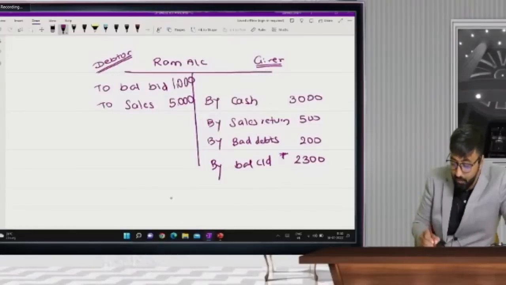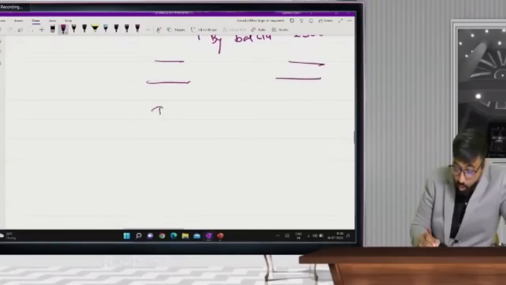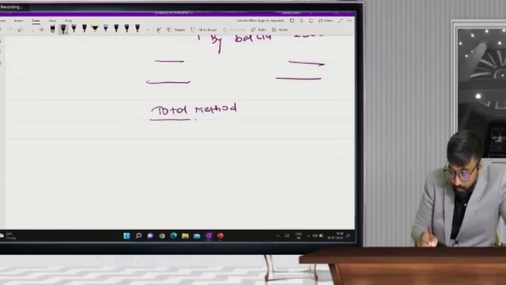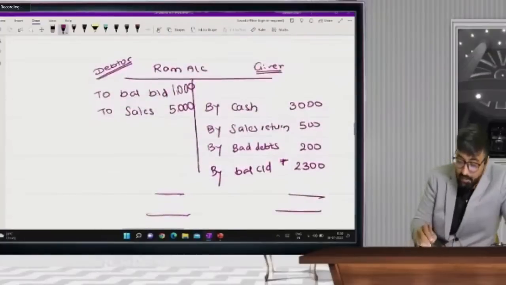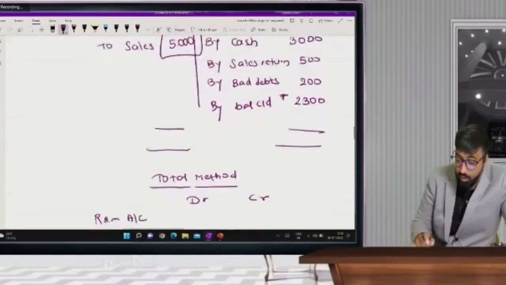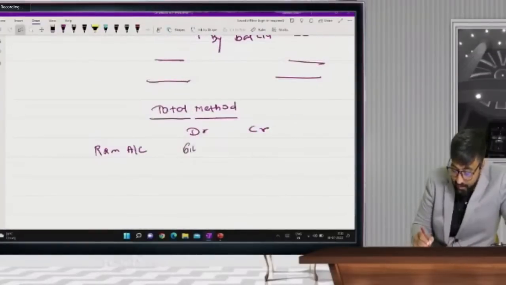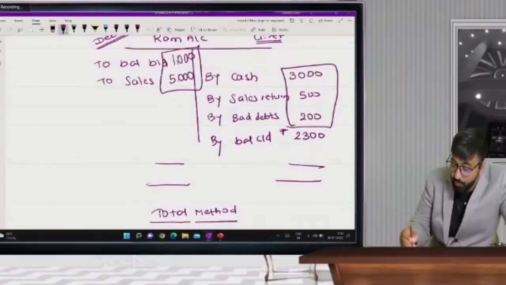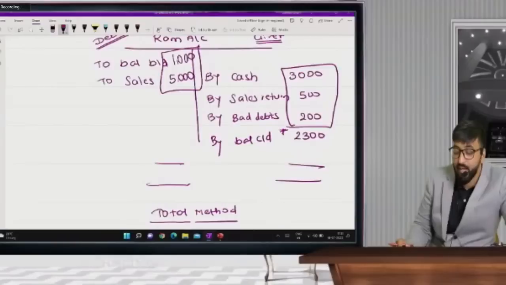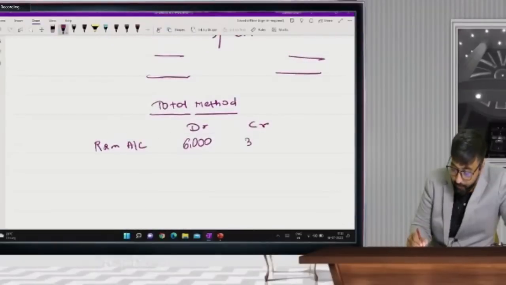Now what is balance method? First total method. Total method, I will write Ram account. Now see, in trial balance, I will take a debit total 6,000 and credit total instead of 2,300, I will take 3,700.